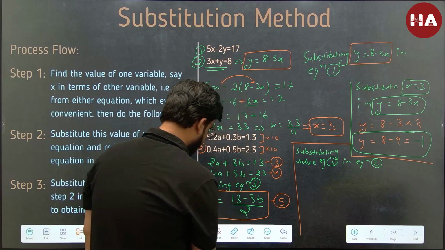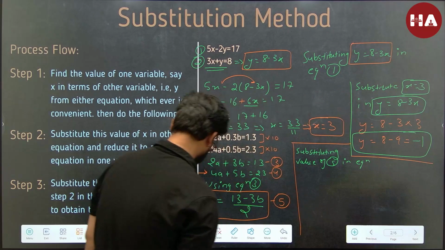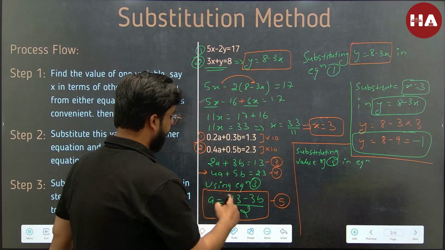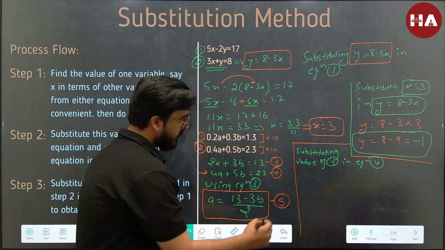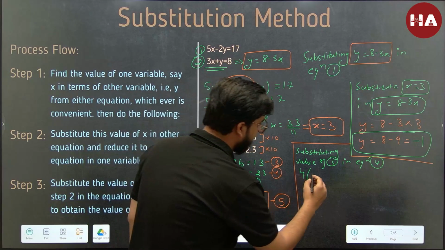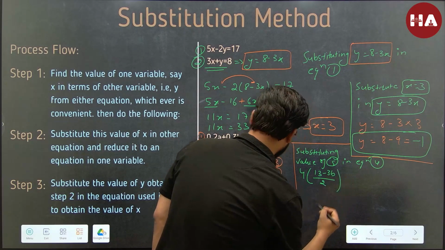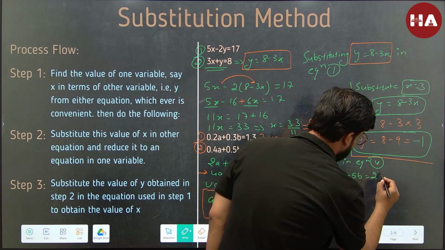Okay, so you can do this. So substituting the value of a in equation number 4, this will be what? 4 multiplied by a, that is 13 minus 3b over 2, plus 5b equals 23.